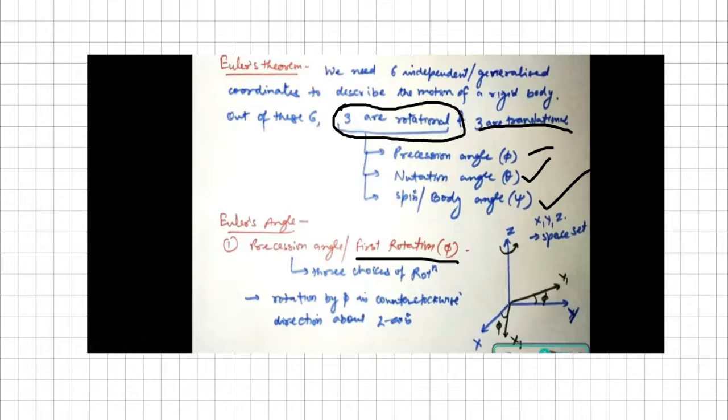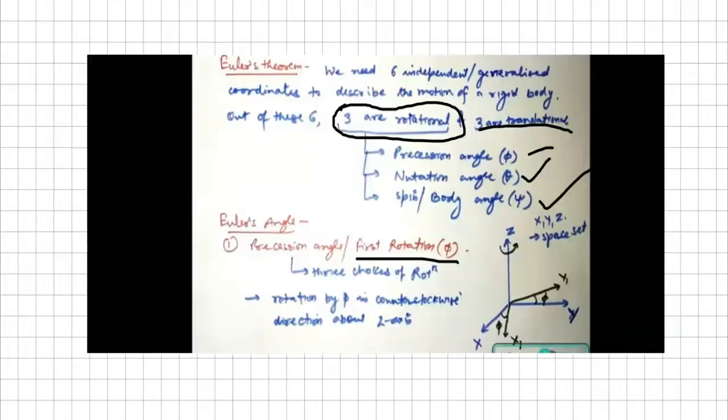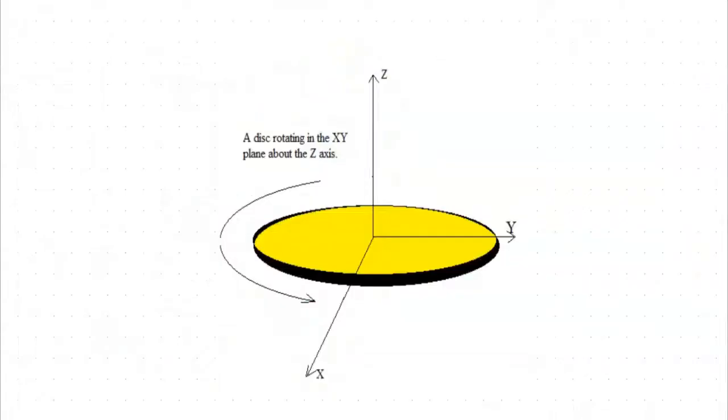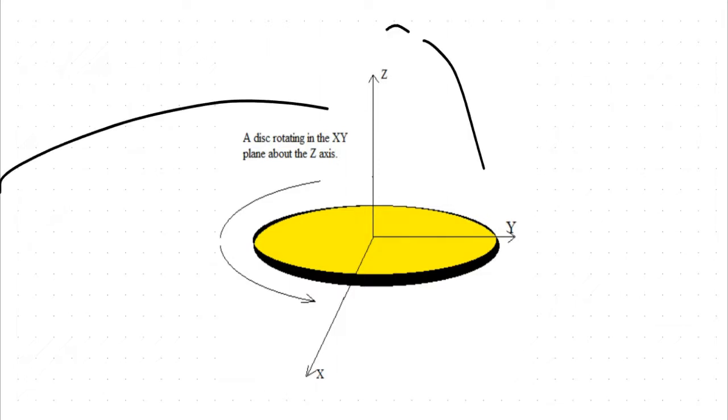Now in order to imagine this kind of rotation, you have to see this. When I rotate along the z-axis, you have to imagine this disk. I'm just showing this for you to understand more.